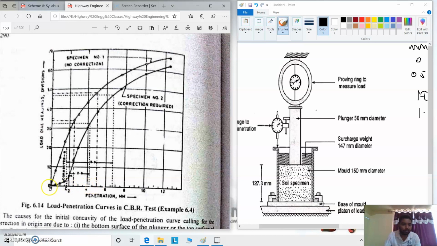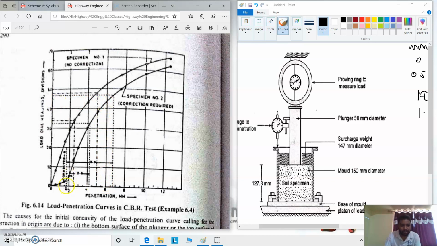Say your actual 0 is at this point, but because of this correction, you need to consider 0 here. From this 0, 2.5 mm is measured, and at this 2.5 mm we consider the penetration value.